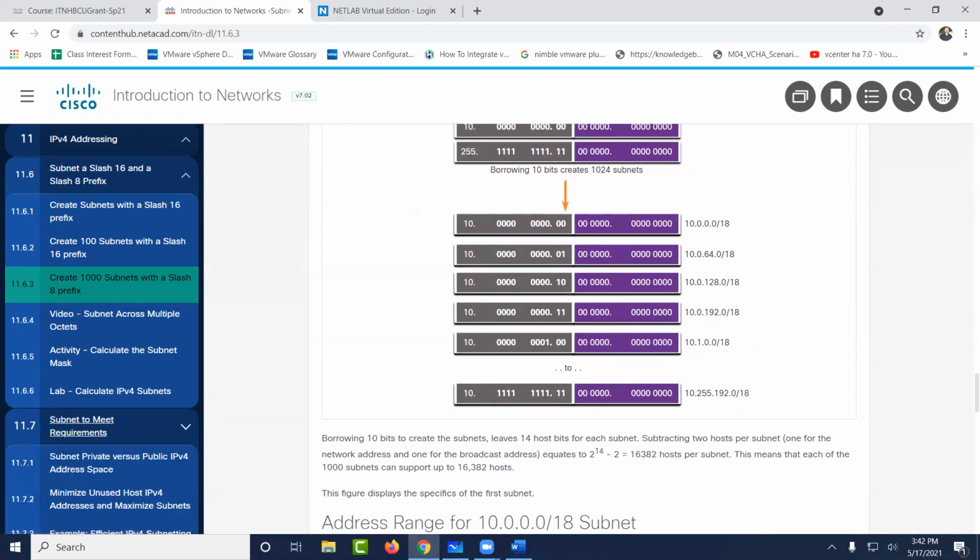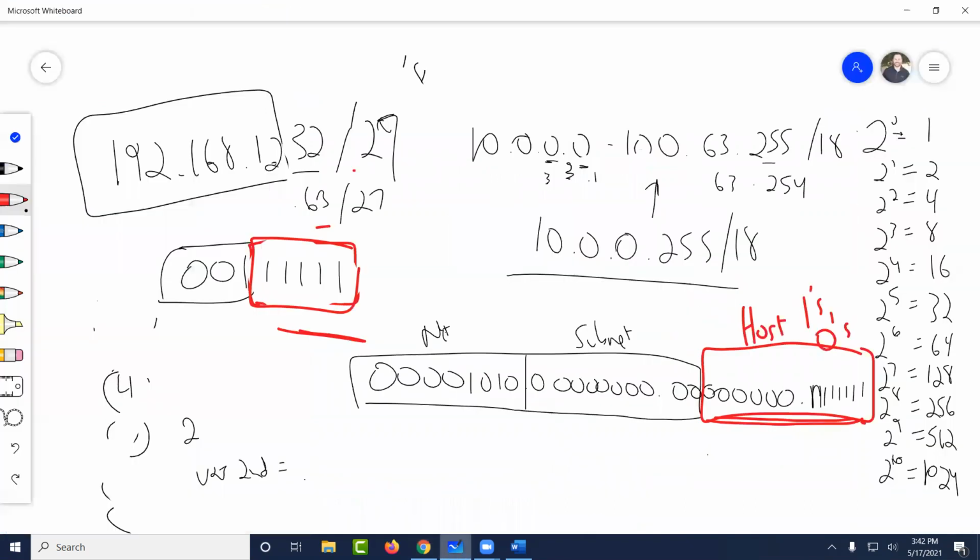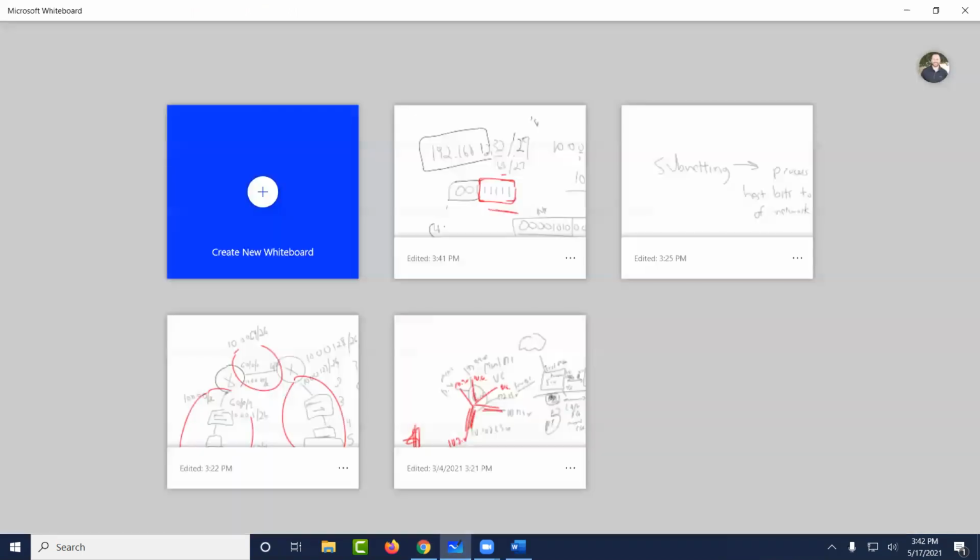Okay, let's back up just a second, because one of the things that we should have noticed at this point is how inefficient this is. Okay, I mean majorly inefficient. Let's take a peek at this network right here.